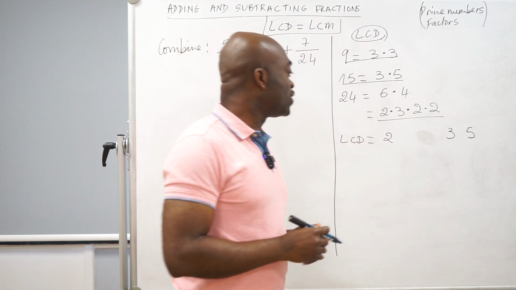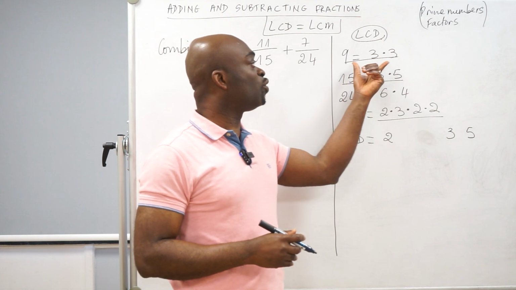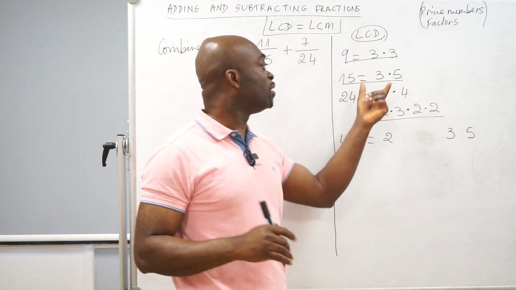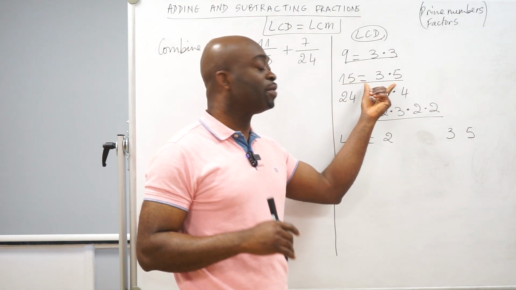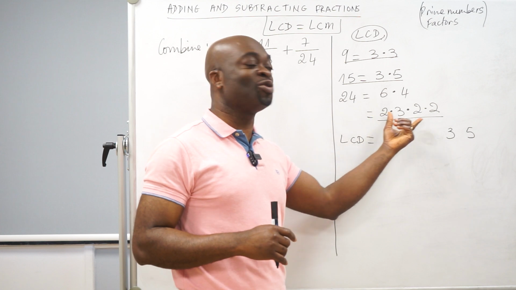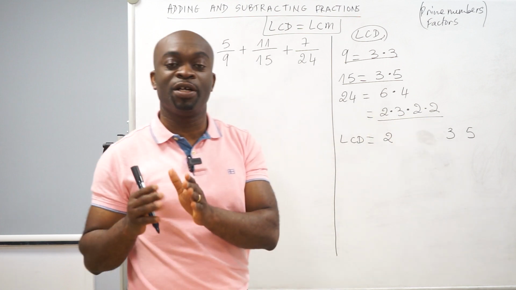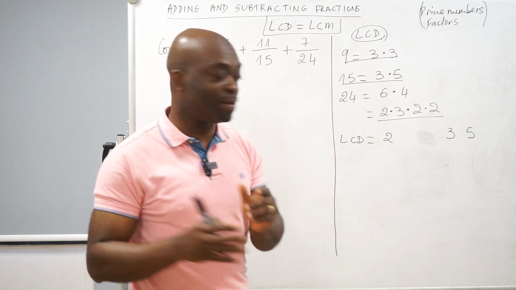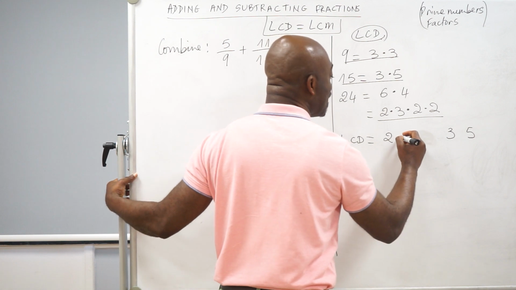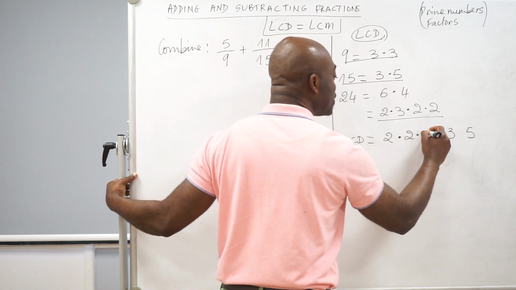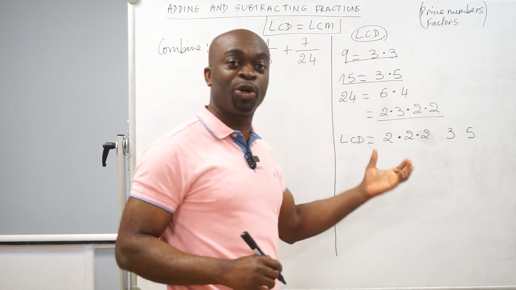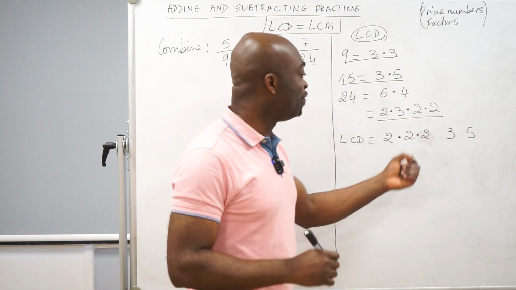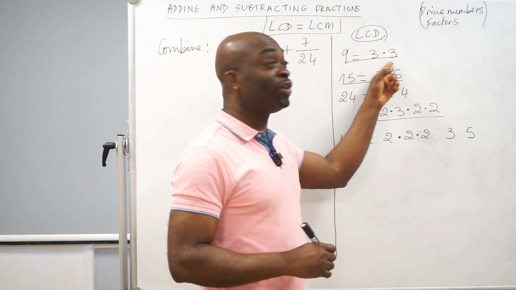The next question is, how many times do we have 2 here? 0 times, correct? How many times do we have 2 over here? 0 times. How many times do you have 2 over here? 3 times. So we're going to take 2 three times, so it's going to be 2 times 2 times 2 so far that we're collecting. All right? And then, how many times do we have 3 here?